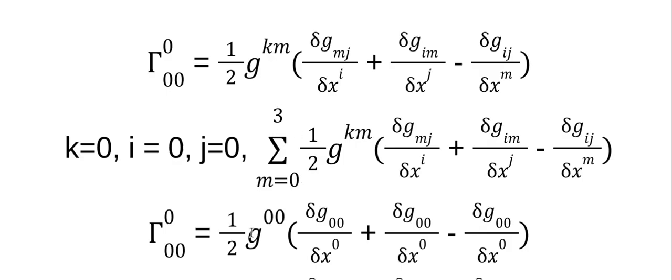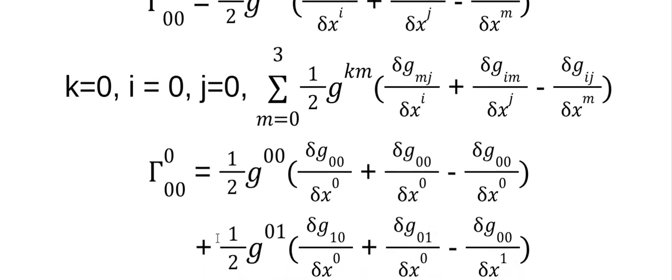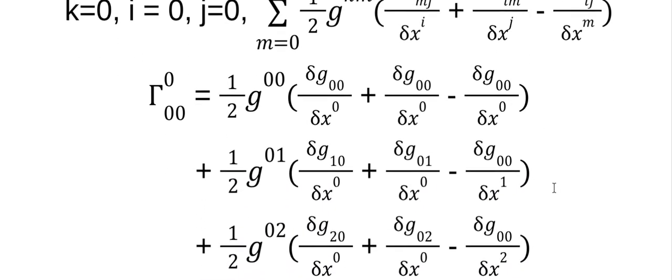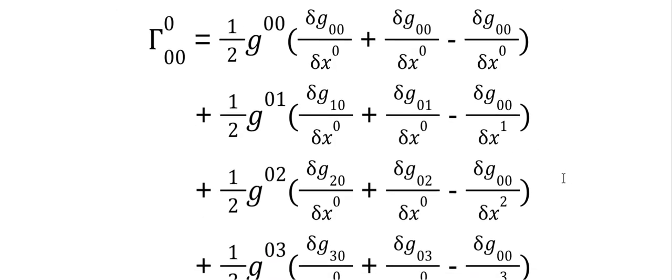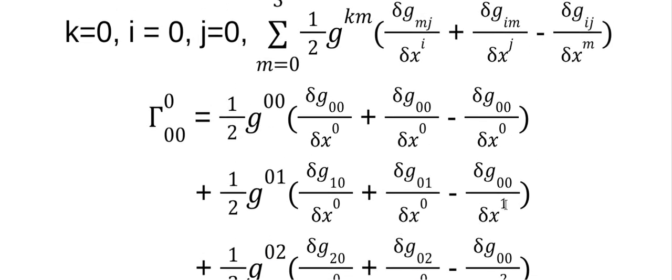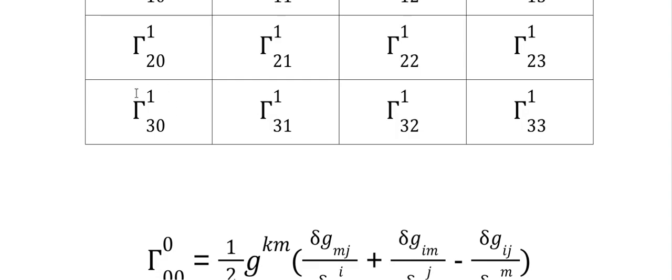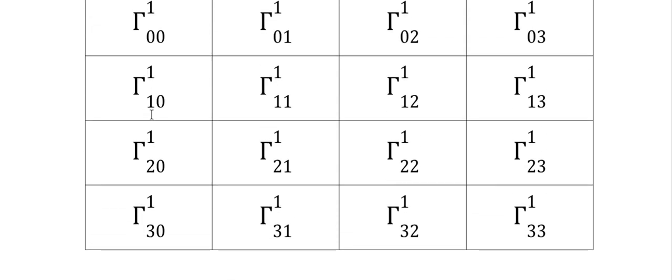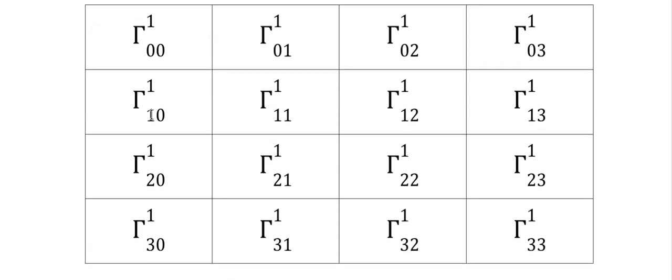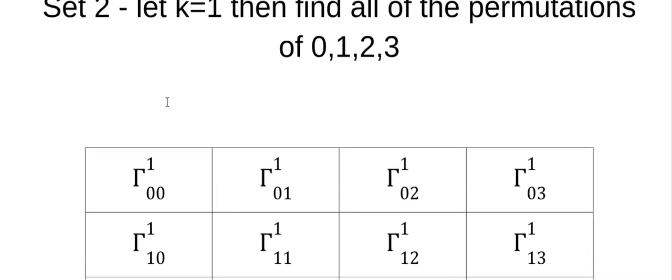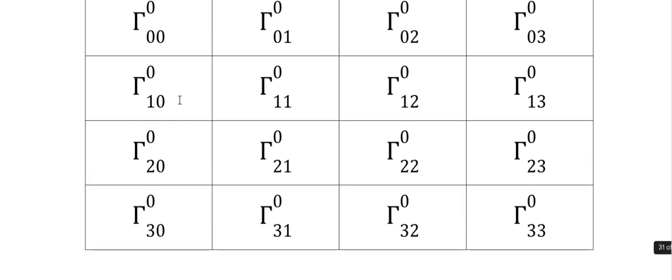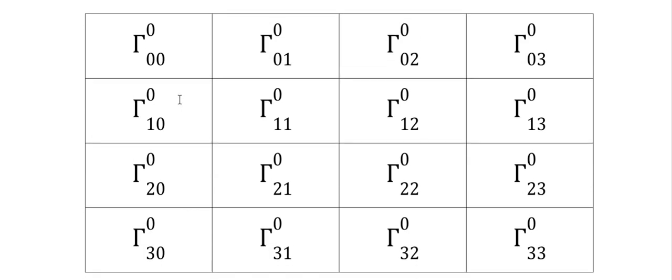In the first case, m equals 0; the second case, m equals 1; the third case, m equals 2; the fourth case, m equals 3. Each one of these has 4 terms. So there are 64 of them, and each one has 4 terms. What's that? 256. It's a lot. That's the way it should be done.